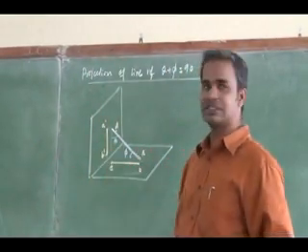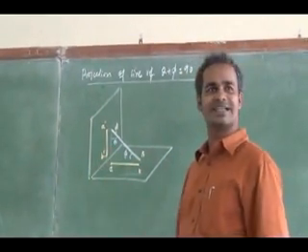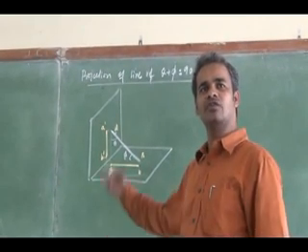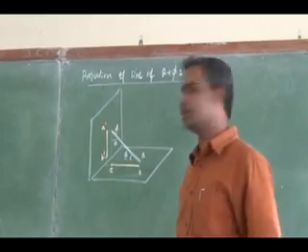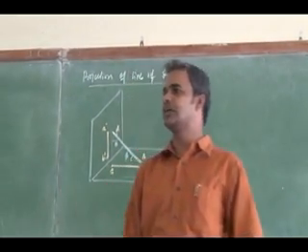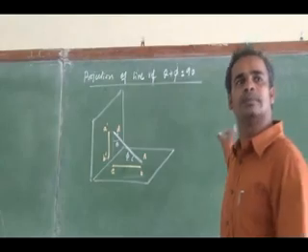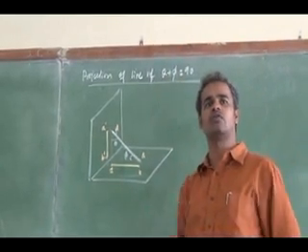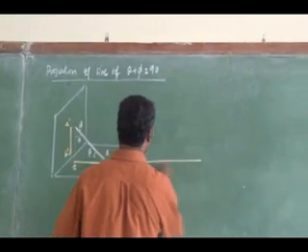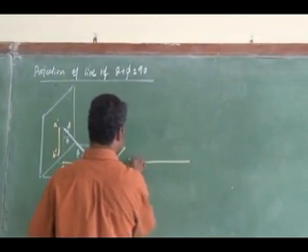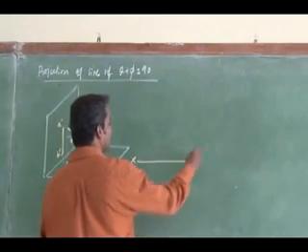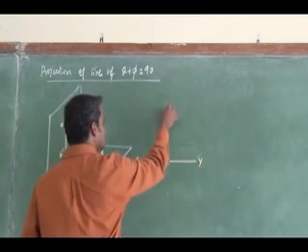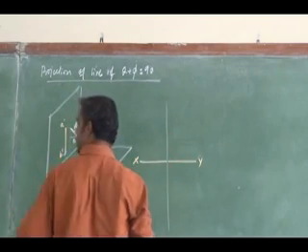In the previous class we saw theta is 30 degrees and phi is 40 degrees, so the summed value is 70 degrees, not 90 degrees. If theta plus phi is 90 degrees, then your projection will have a single projector line. The front view and top view, the final projection X and Y, will fall on a single projector line.